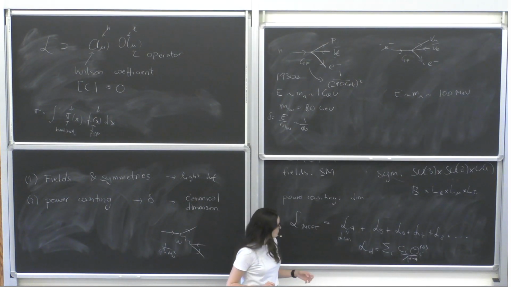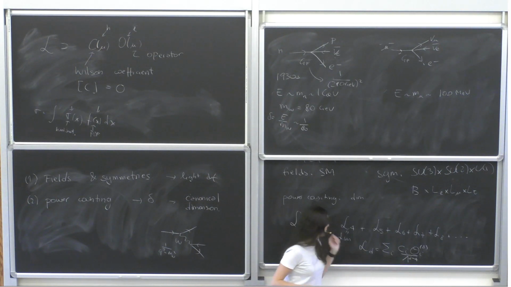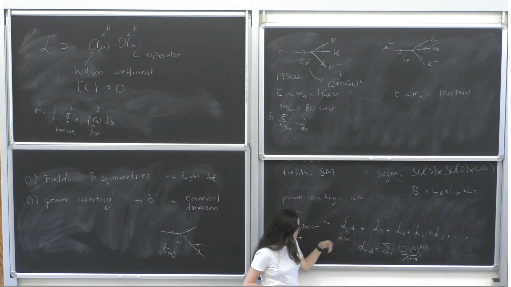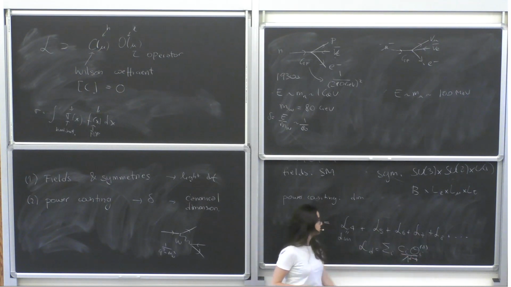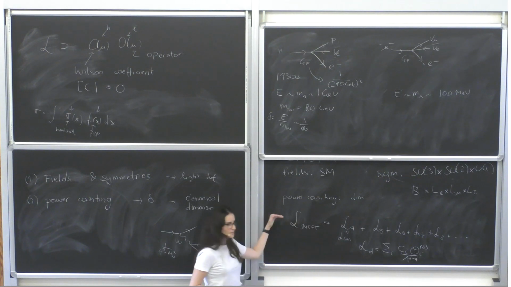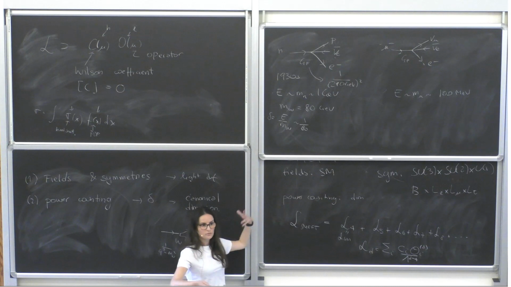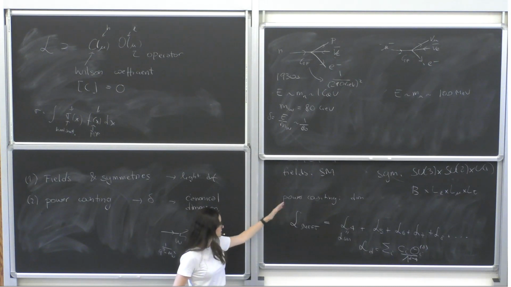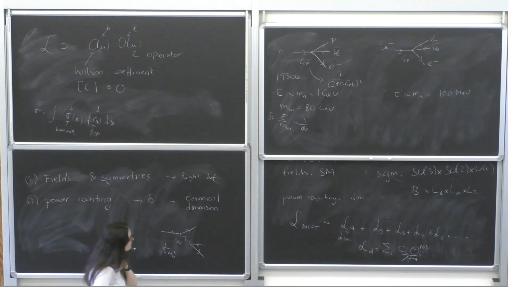So if you are at dimension 4, you don't have any new physics scale suppression, you just have your interactions. If you are at dimension 5, you will have 1 over lambda, dimension 6, 1 over lambda squared, and so forth. Obviously, this is because the Lagrangian needs to be dimension 4, since you have to integrate it over a 4-dimensional space-time, so that's why.